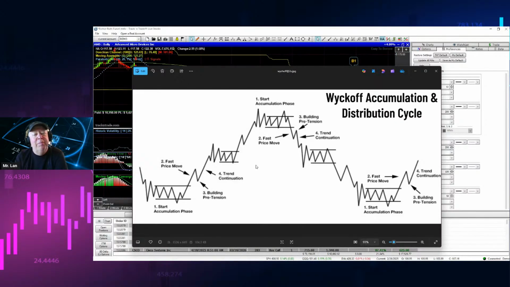This is the basic structure, and this is what we call the accumulation phase. It's just a simple process of buying low and selling high. It doesn't matter if you have $13.5 trillion in your account or if you've got $500 in your account. The only way you make money in this market is you buy low and you sell high. That's it. Buy low, sell high.